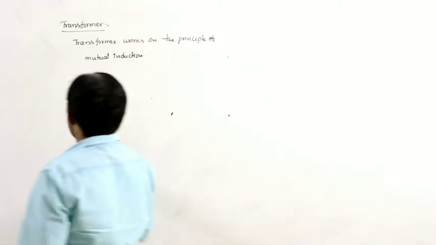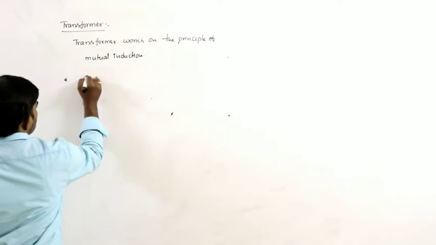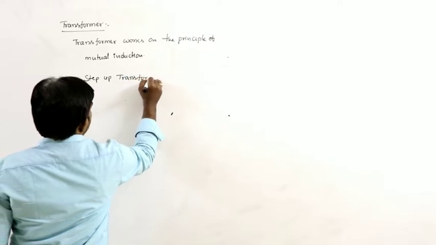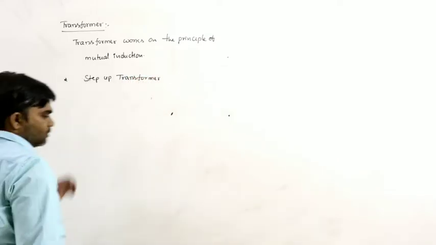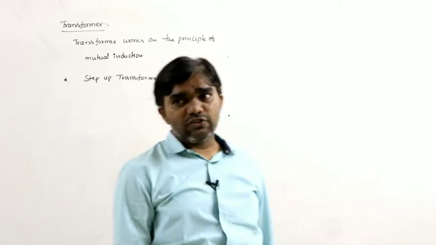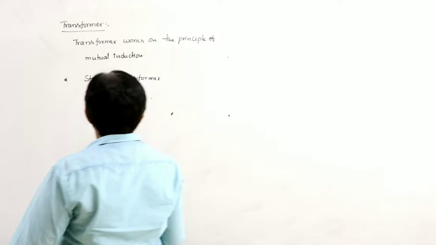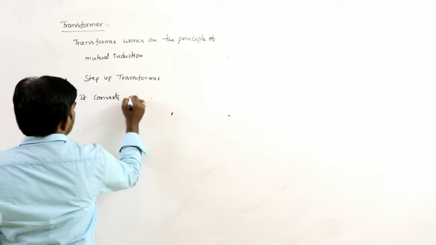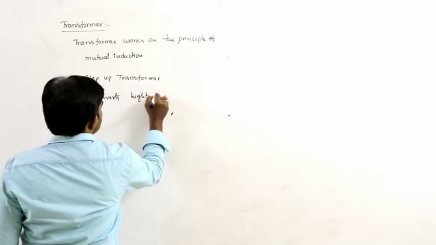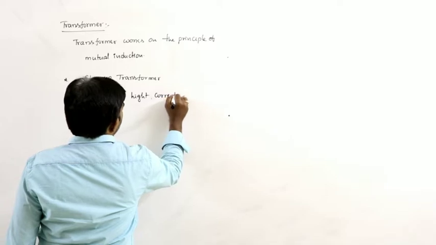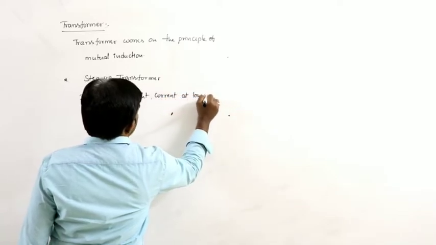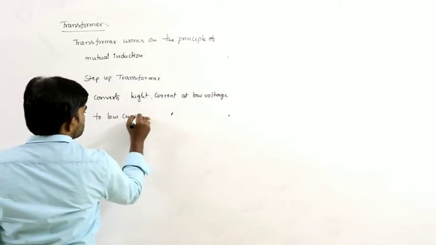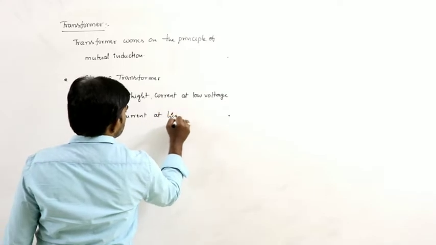The transformer is of two types: step up transformer and step down transformer. Step up transformer means it converts high current at low voltage to low current at high voltage.